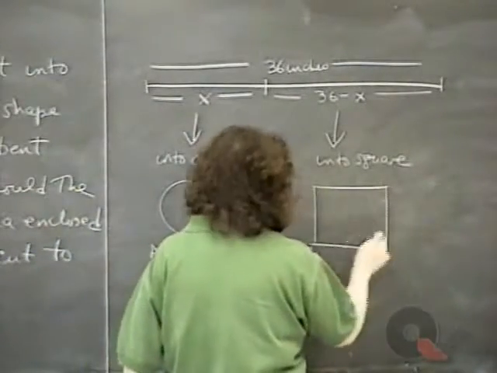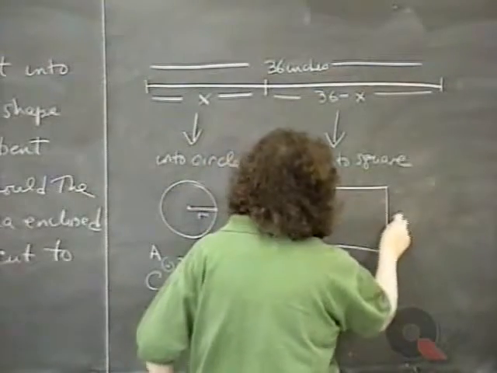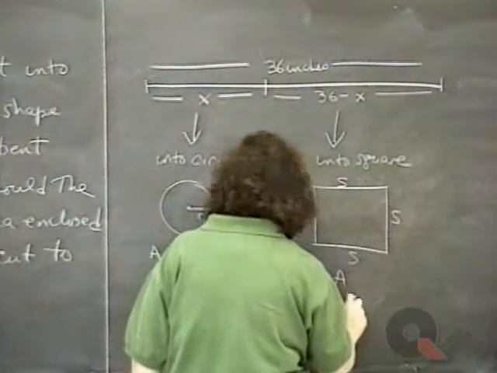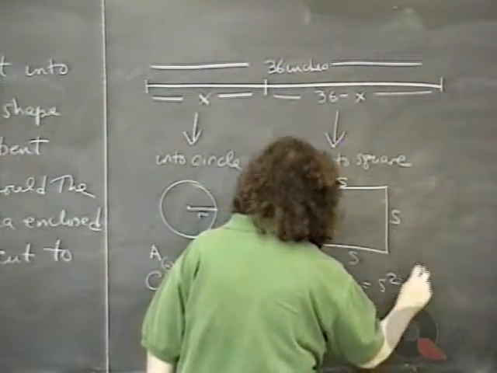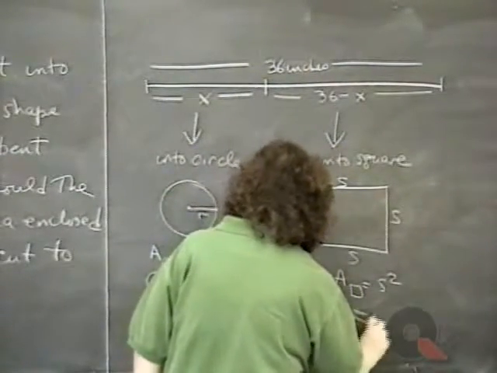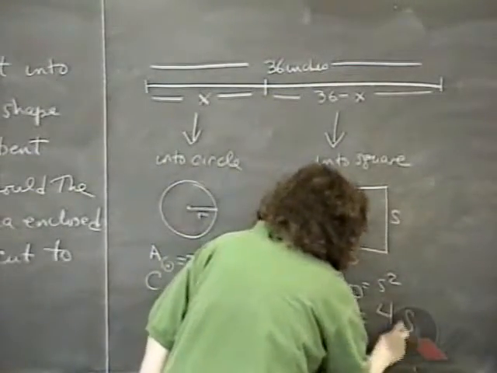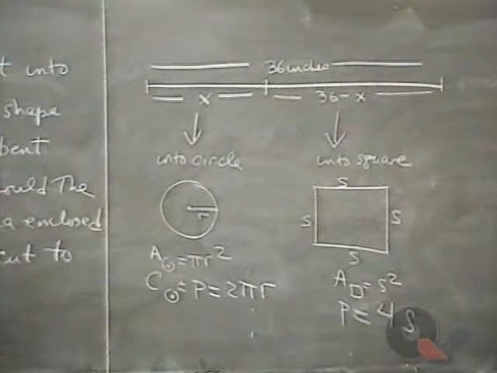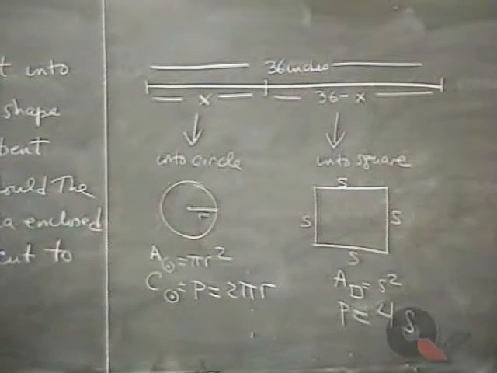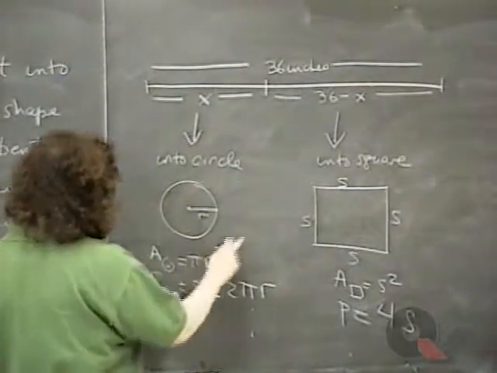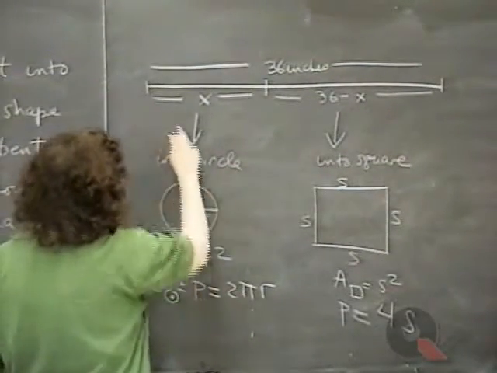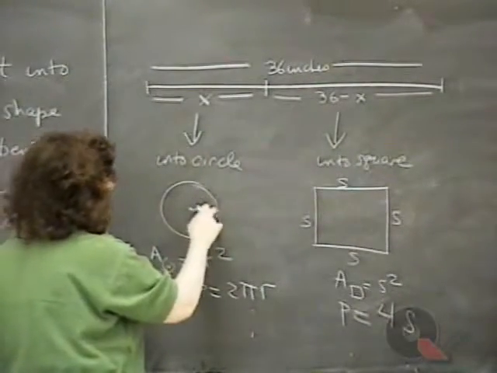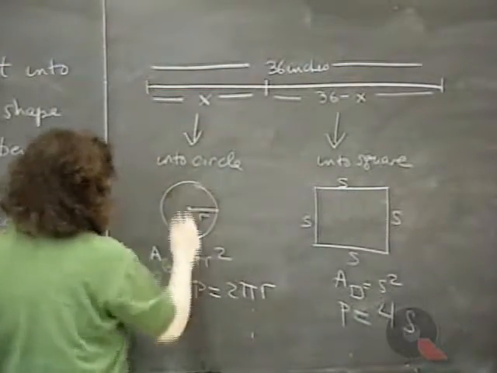Similarly, if the square is s inches on a side, the area of the square would be s squared, and the perimeter of the square, the distance around, would be 4s. Now, the perimeter of the circle, the distance around the circle, I'm taking this x inches of wire and bending it into a circle. So the perimeter of the circle is x.